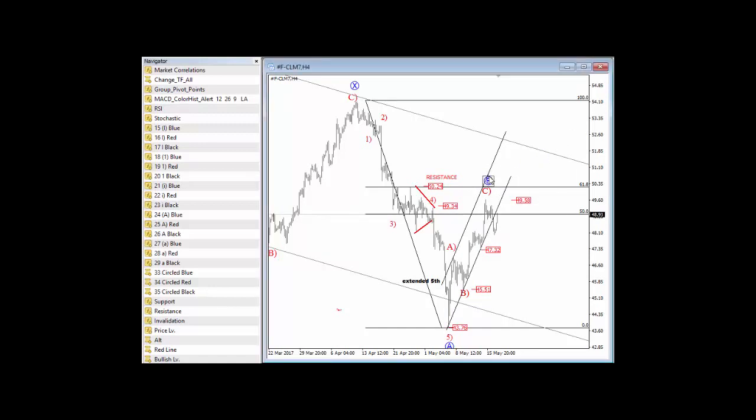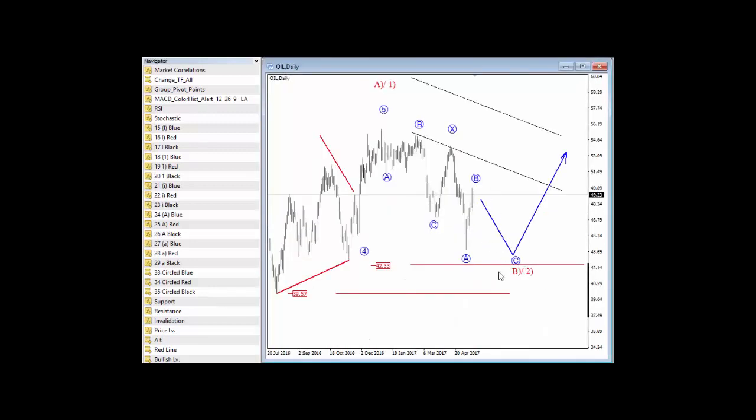So regarding the future on crude oil for the next few weeks, we definitely need to see if we will get a 5-wave rally from this low, or maybe this whole wave C will be retraced. If we see a strong decline, that would be confirmation that this was a correction or the finish and that we are going lower into this wave C of wave B of 2. Okay.